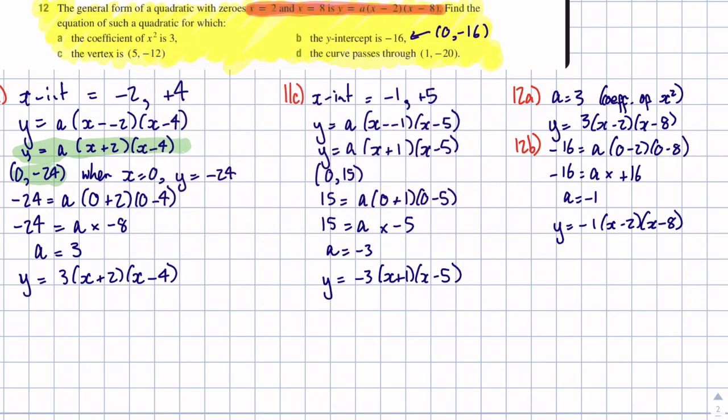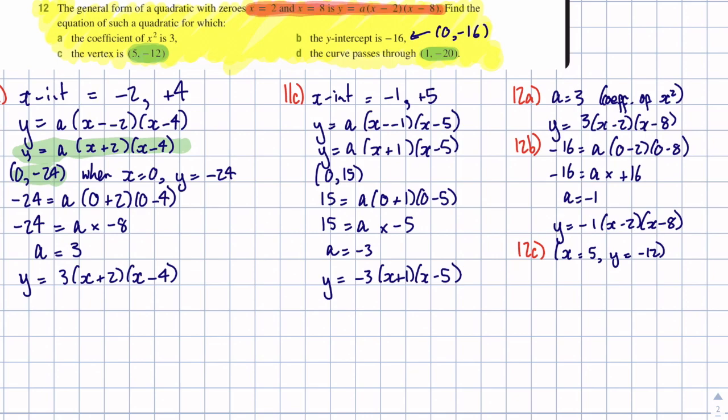If we have a look at 12c and 12d, we both have different points to substitute in. We have the point (5, -12) and the point (1, -20). These are just as doable, the maths is just a little bit more complicated. We've still got y equals a(x take 2)(x take 8), but here we use the point x equals 5, y equals -12.